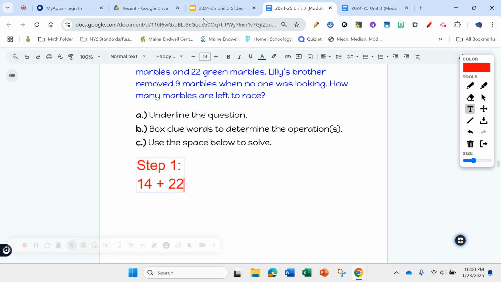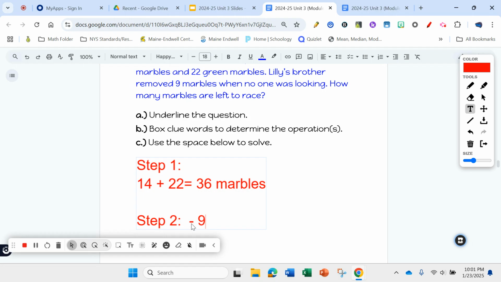You can stack it if you want. That's going to give us 36, I think, marbles. Step 2, if I'm trying to find out how he removed a certain amount, how am I going to minus 9? What am I subtracting 9 from? He removes 9, right? Oops, what did I do wrong?